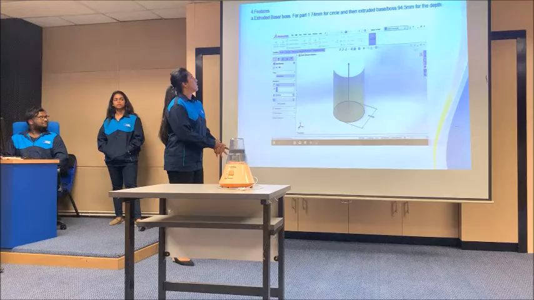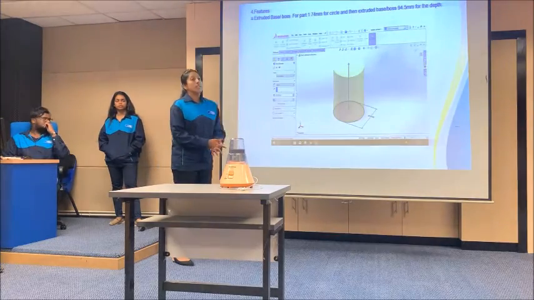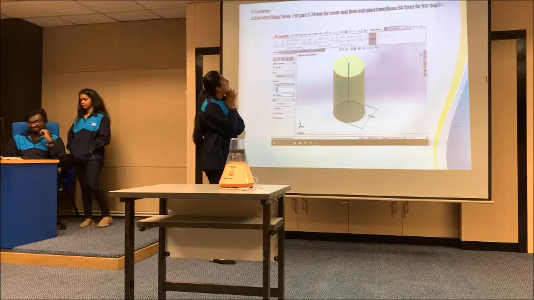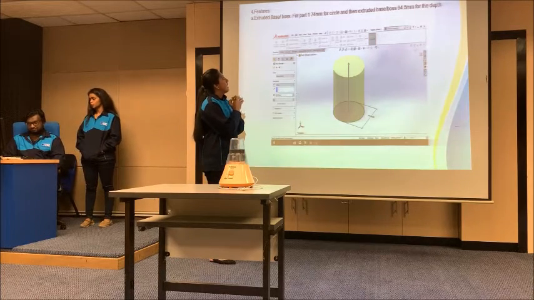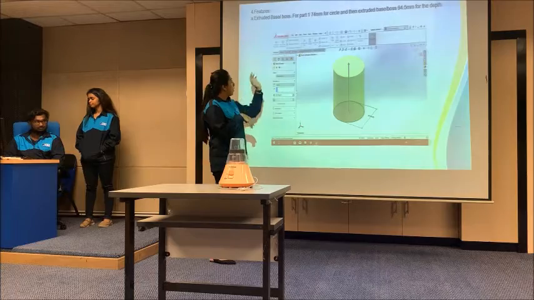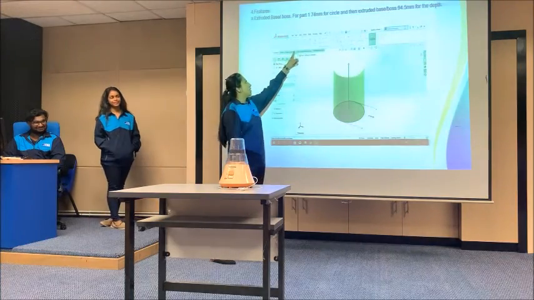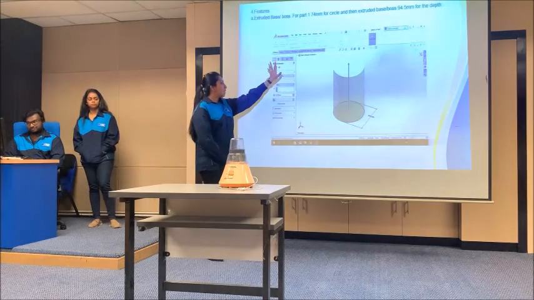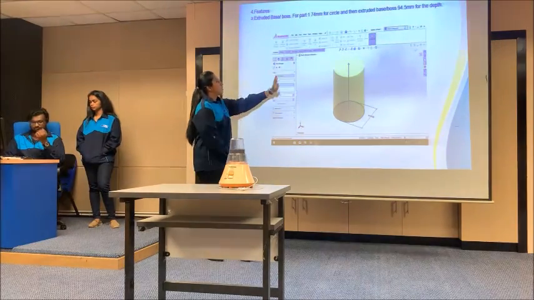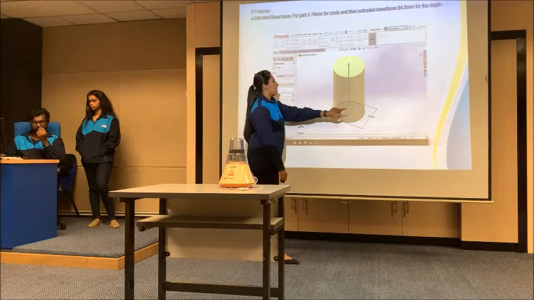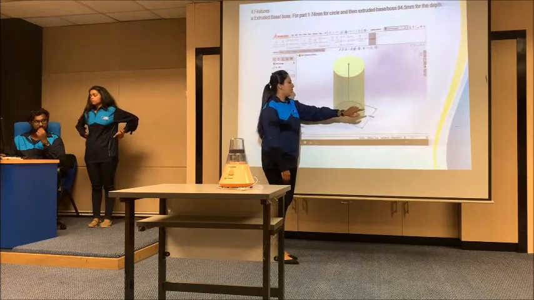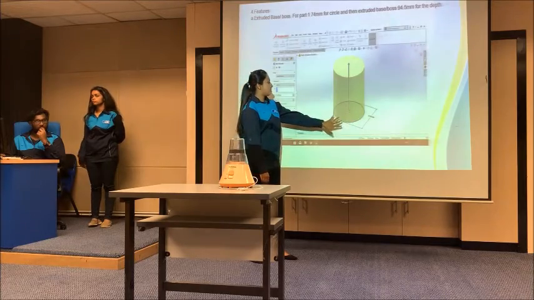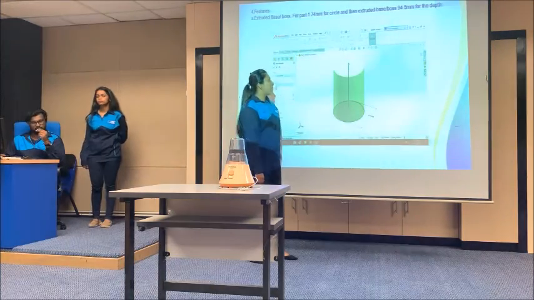Okay, features. Under features, we have extruded boss, extruded cut, and more, where we can see everything in our toolbar under features. This particular feature is used once we are done with our base and have dimensioned our circle, for example, a circle with a 74 diameter.